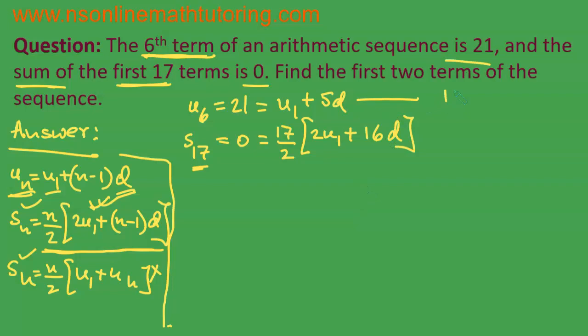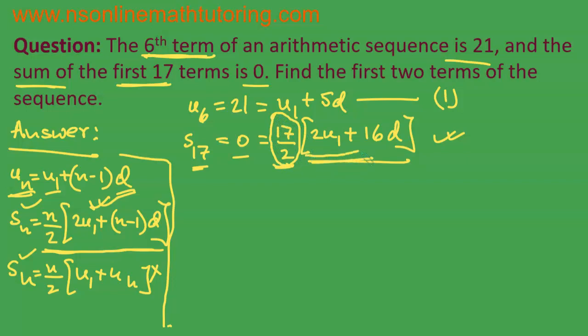Let this be formula 1. And in this formula, we are seeing the product of these two factors is equal to 0. If the product of two parts is equal to 0, either of these two parts should be equal to 0, otherwise how can the product be equal to 0? And of course, 17 over 2 is not equal to 0.